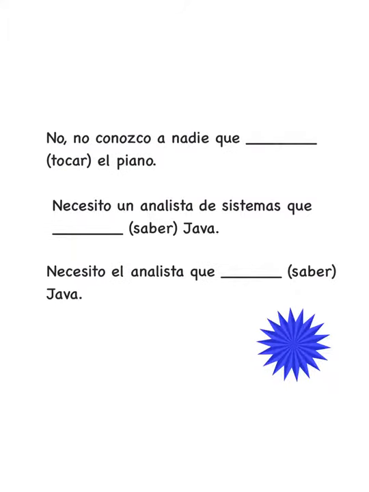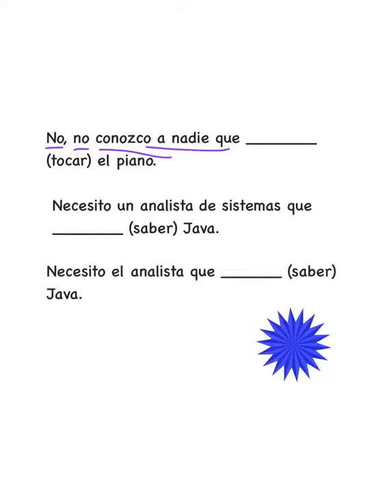Now, what if the answer were no? No, no conozco a nadie que tocar el piano. Now, do we have any words or verbs or phrases that indicate that I may have to use the subjunctive? Of course we do. We have no and no again and no conozco and a nadie.